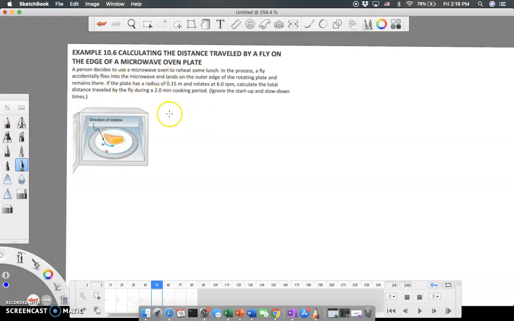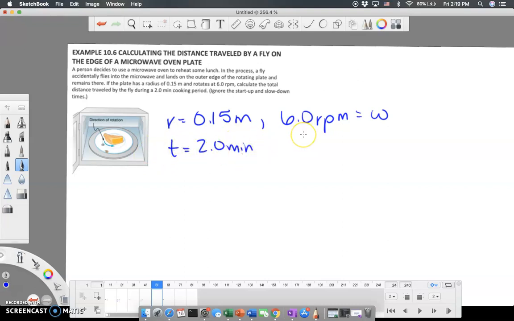If the plate has a radius r of 0.15 meters and rotates at 6.0 RPM, which is like our angular velocity, calculate the total distance traveled by the fly during a 2-minute cooking period. Okay, so we are cooking a fly. Let's do some unit conversions first, and then we can determine that distance.